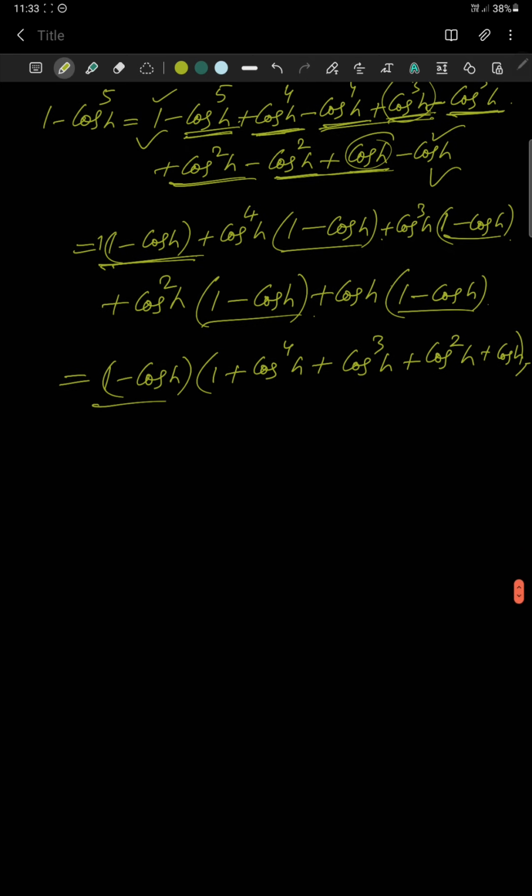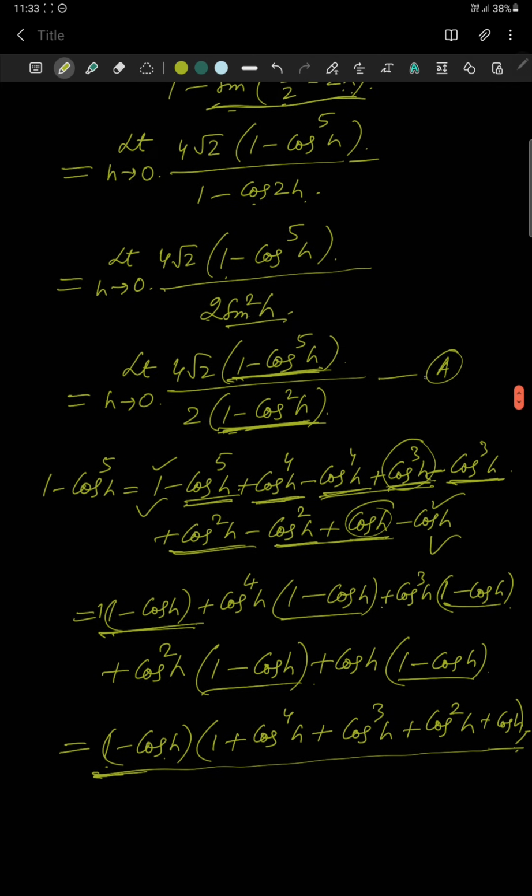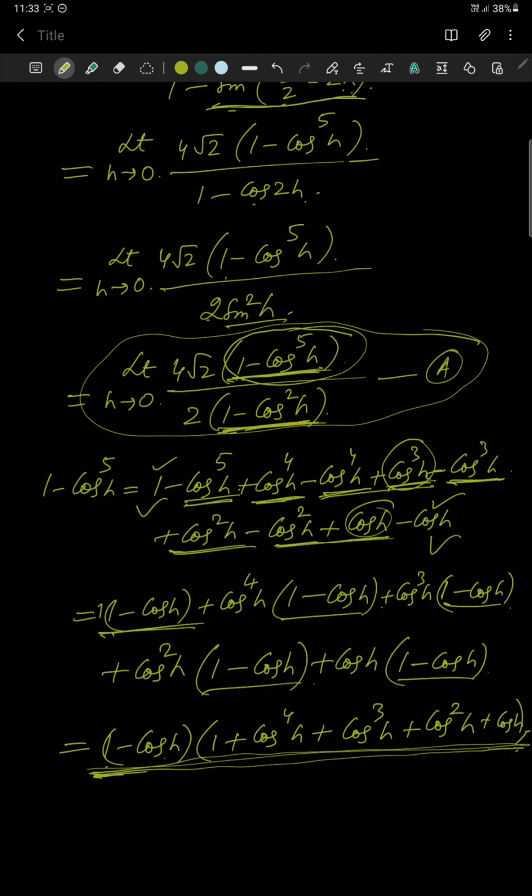Now this whole result, that is 1 minus cos 5h, is expanded like this: 1 minus cos h multiplied by this whole thing can be used in the relation number a, means I am talking about this thing. In the numerator we can write in place of this whole thing. Is it clear to all of you? I hope it is clear.